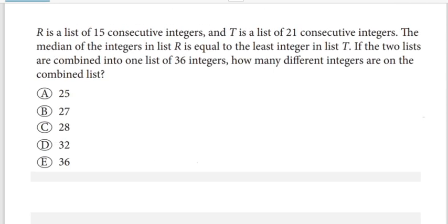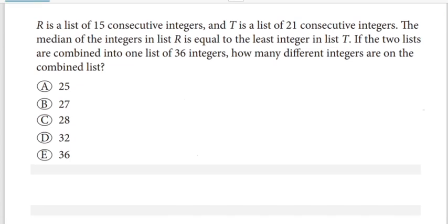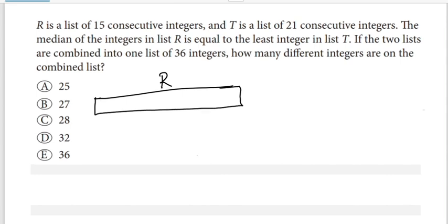So here we're given that R is a list of 15 consecutive integers and T is a list of 21 consecutive integers, and the median of the integers in R is equal to the least integer in T. So this is R, has 15 integers, and we know that the median is going to be the 8th term, right?